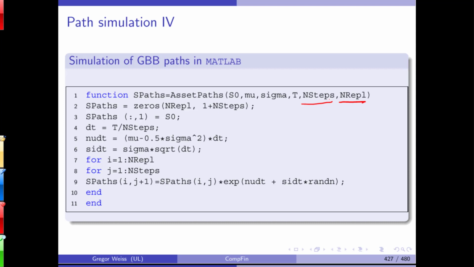And as you can see, you start at S0, and then nu dt, dt, and sigma dt are calculated beforehand, and then you repeat it in 2 for loops for example, n-REPL paths and with n steps.